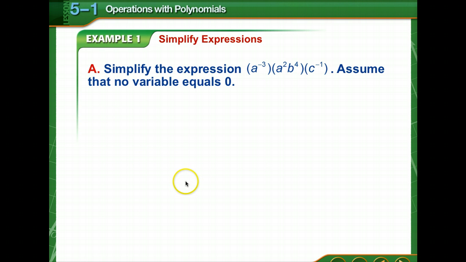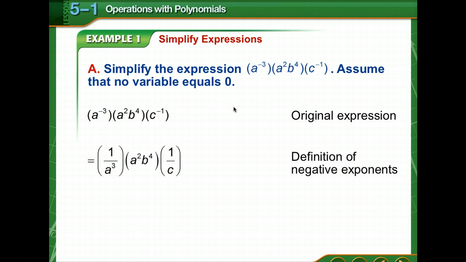So let's look at simplifying expressions. We're to simplify the expression a to the negative 3 times a squared b to the 4th times the quantity c to the negative 1. Assume that no variable equals 0. So we're going to rewrite these with negative exponents as a fraction under 1. If it's negative, we just move it to the other side of the fraction bar.